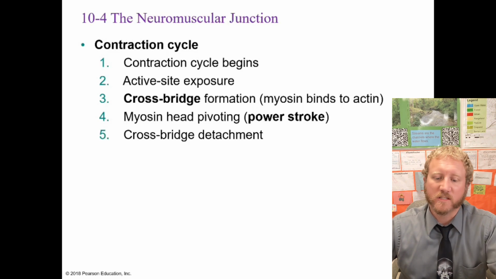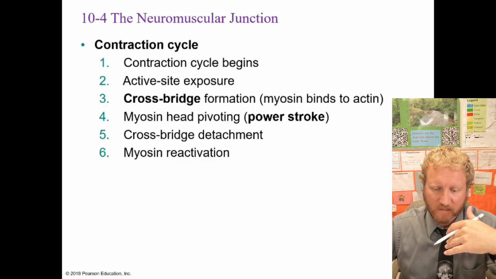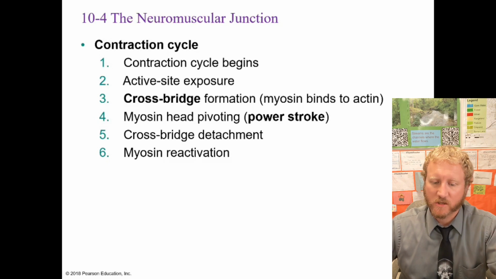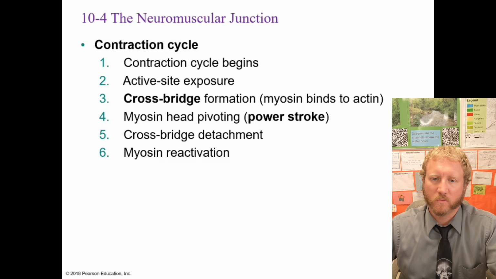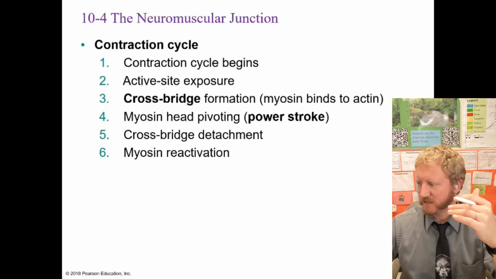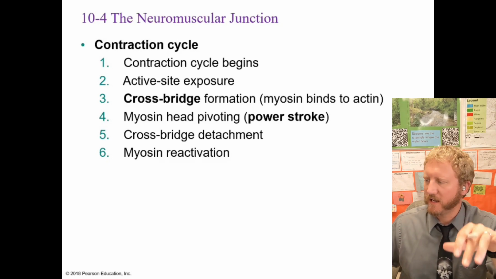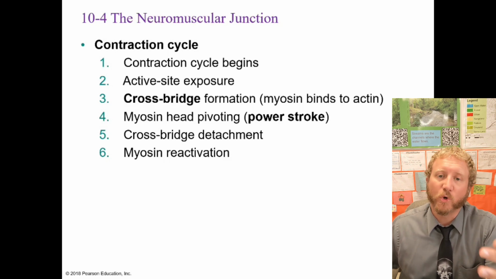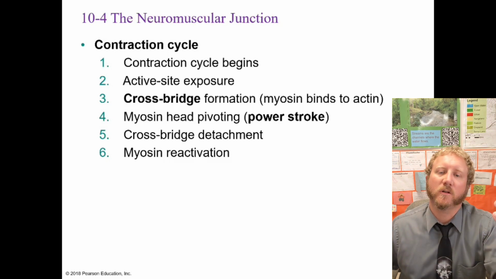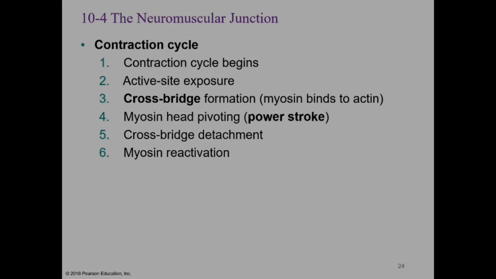We're going to have what's known as the power stroke as the myosin head pivots, then the cross bridge is going to detach, reactivating the myosin, and then this process will repeat as often as necessary. There's actually an animation that I have of the cross bridge cycle and the actual muscle contraction.